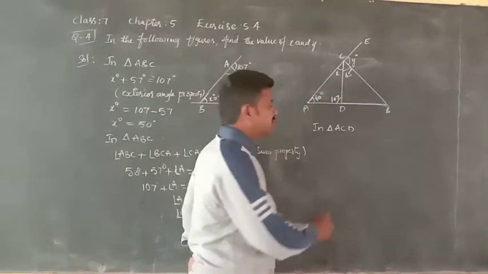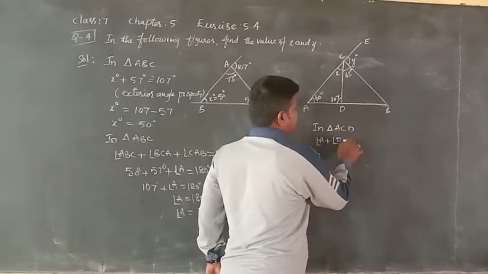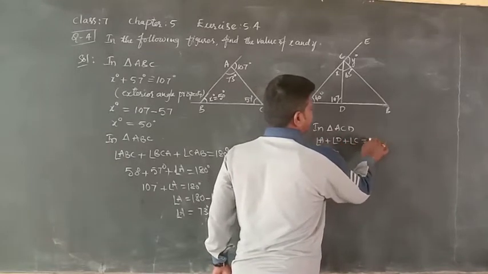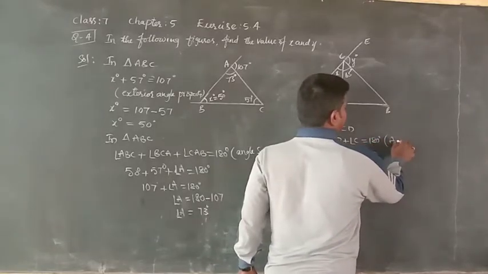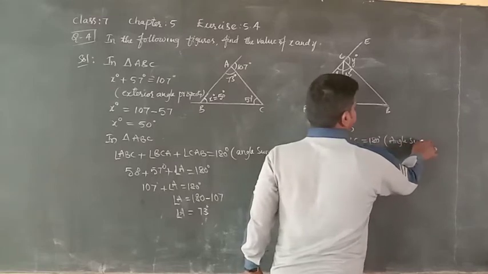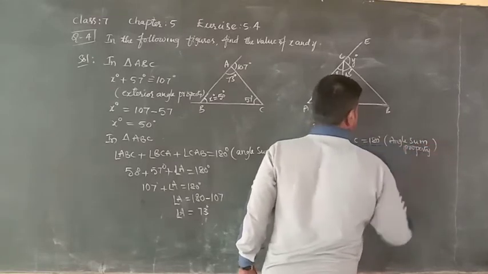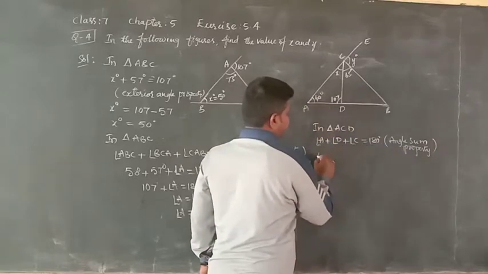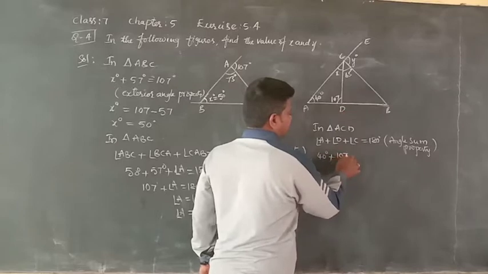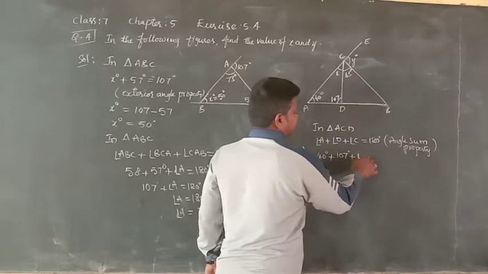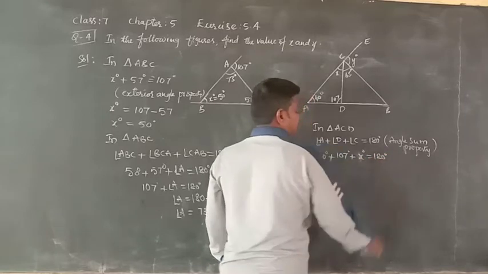We know that angle A plus angle D plus angle C is equal to 180 degrees. This is the angle sum property. Angle A, you know, is 40 degrees, plus angle D, the value is 107, plus angle C, we don't know, that is x degrees, equals 180 degrees.